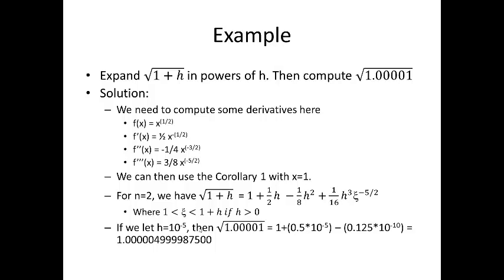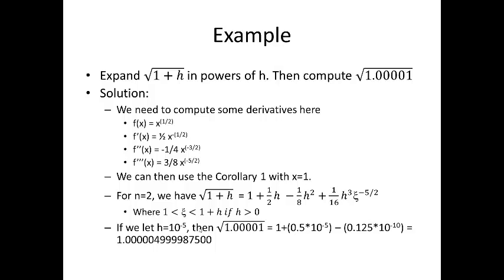We can then use the corollary with x equal to 1. And for n equal to 2, we have the square root of 1 plus h is equal to 1 plus 1/2 h minus 1/8 h squared plus 1/16 h cubed times xi to the minus 5/2. And xi is going to be somewhere between 1 and 1 plus h if h is greater than 0.